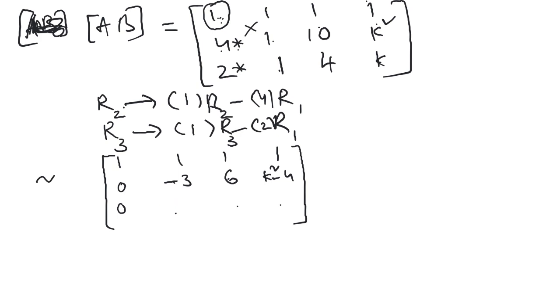Next, 1 into 4 minus 2 into 1, that will be 4 minus 2, that is 2. Next, 1 into k minus 2 into 1, that is k minus 2.